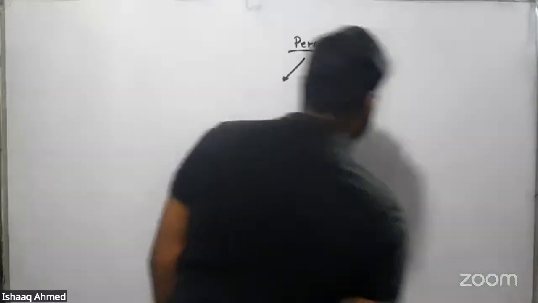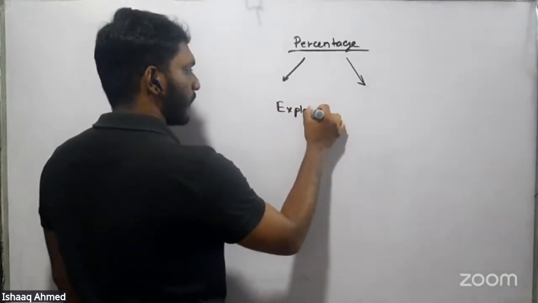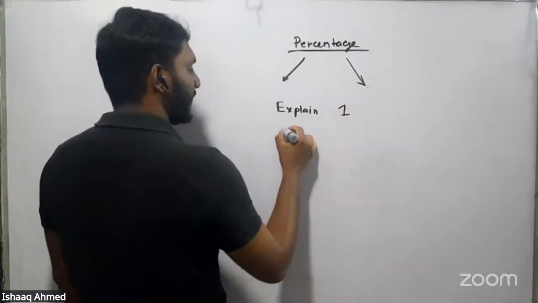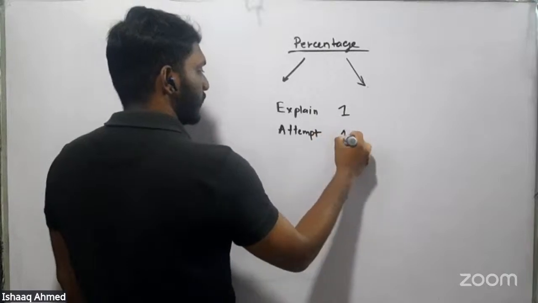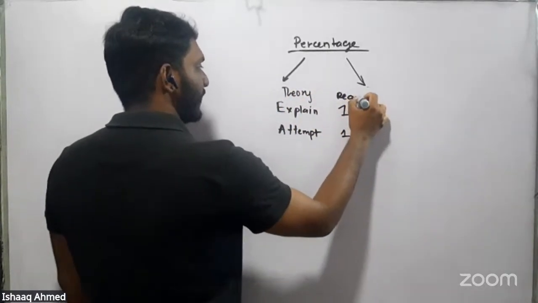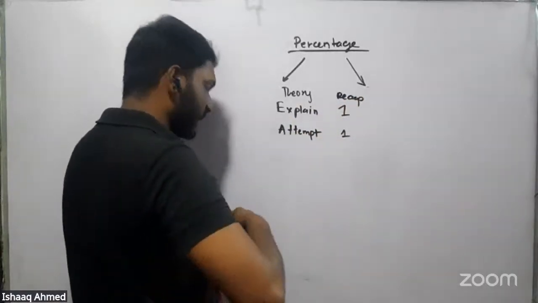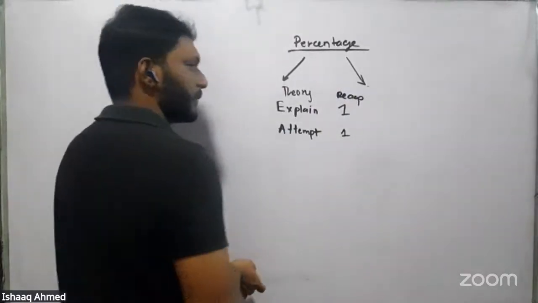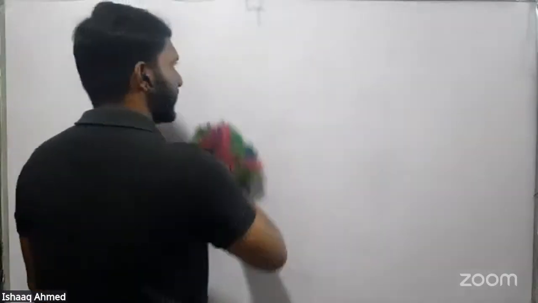So I will explain one question and let you attempt one. So first of all, I will recap the basic theories and then explain one question and let you attempt the next question. This is how this session is going to go. Okay. Right. So we'll start off with percentage itself.